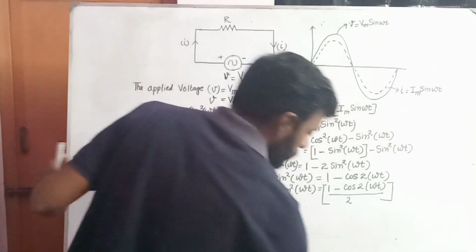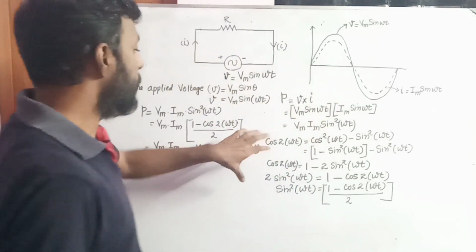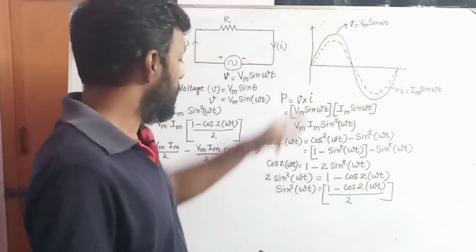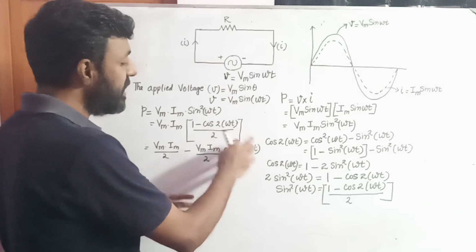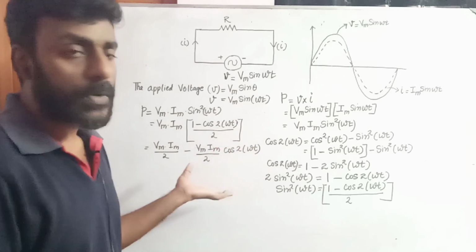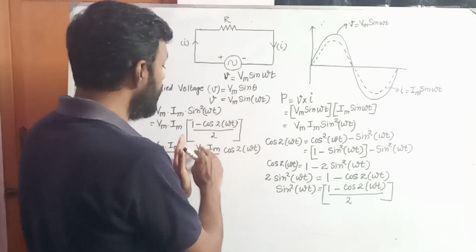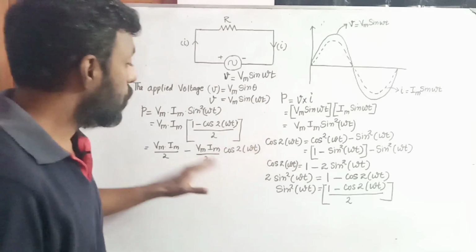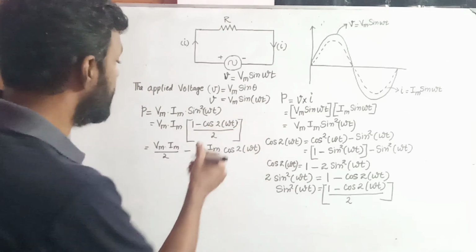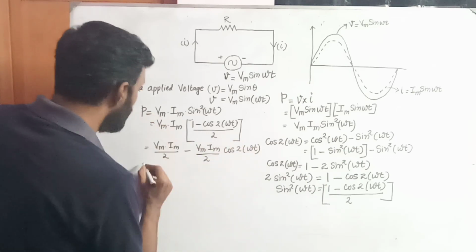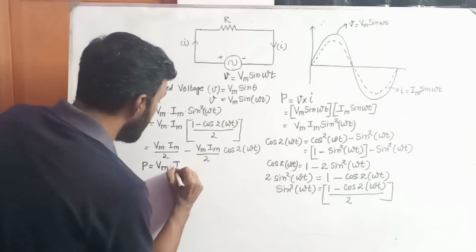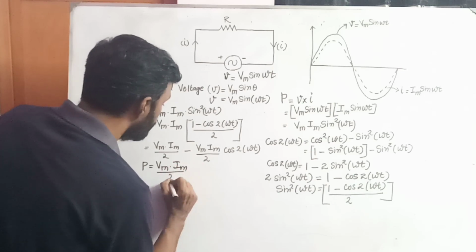So for a complete cycle, the average power will be 0. So this cos 2 omega t term, Vm Im by 2 into cos 2 omega t, will be 0. This total quantity will be 0. So if it is 0, we will be left with P equal to Vm into Im divided by 2.